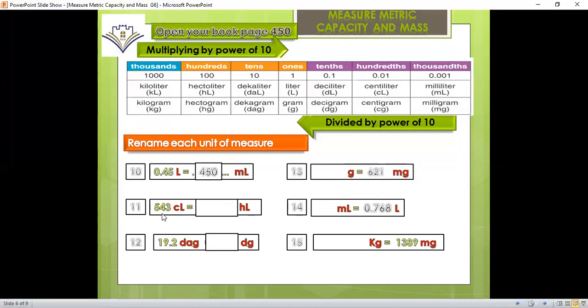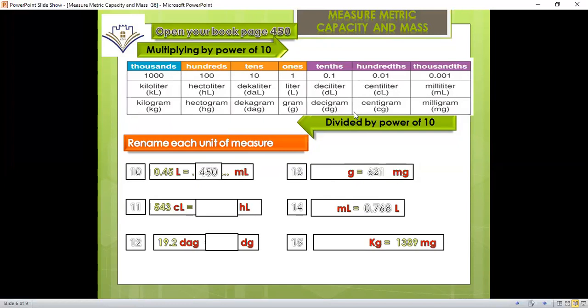The second is question number 11. 543 centiliter equals dots hectoliter. Then we need to convert it from here. Is it smaller? Yes. Rename smaller as larger.